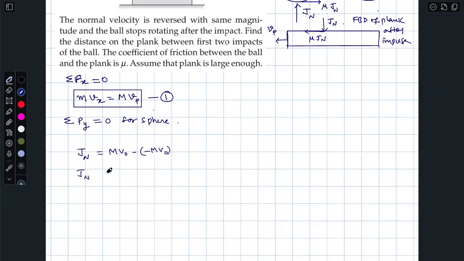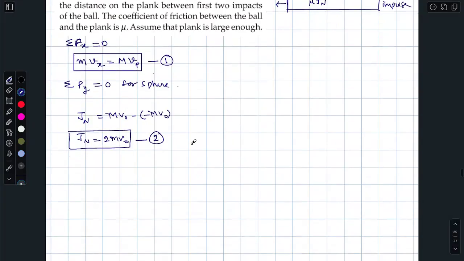So Jn is 2mv0. Small m, right. Any doubts?